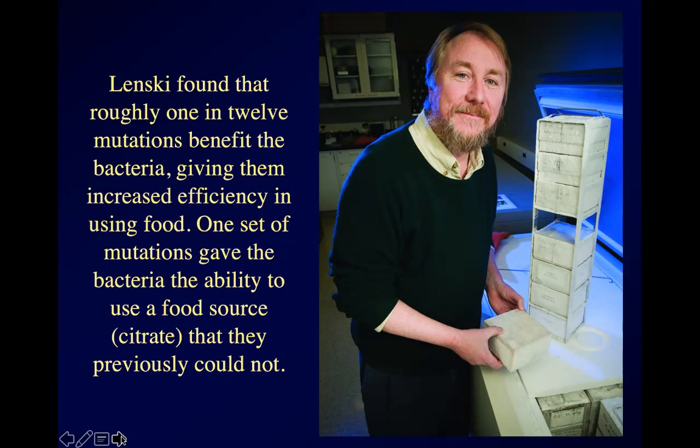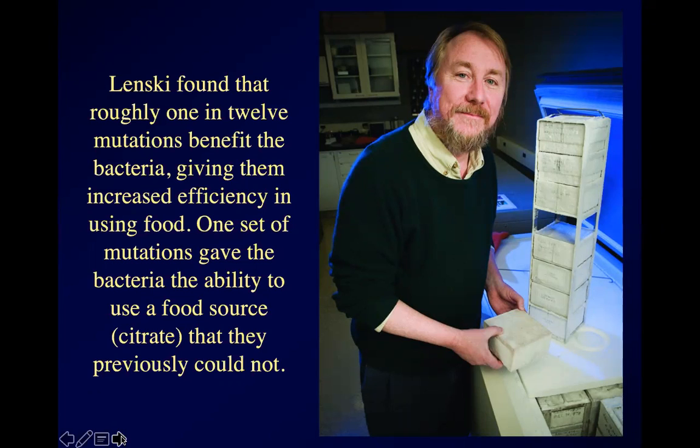And at first, the bacteria couldn't use it much, but as the bacteria grew, they underwent mutations. The mutations created different varieties of bacteria, and some of those varieties developed the ability to use this new food source.